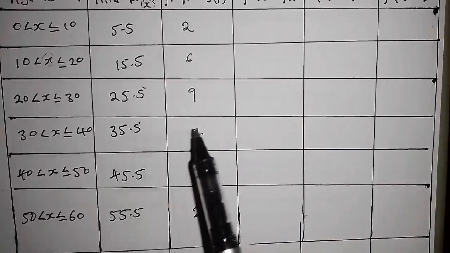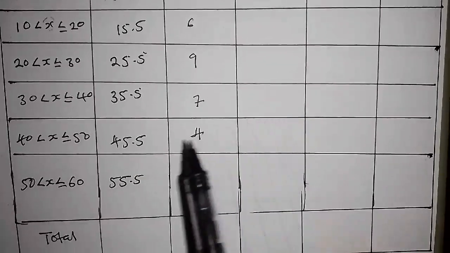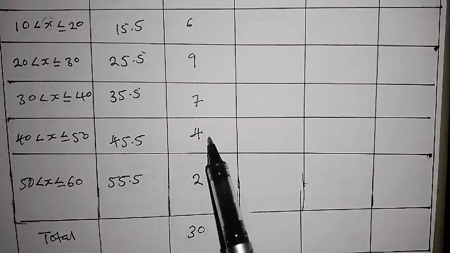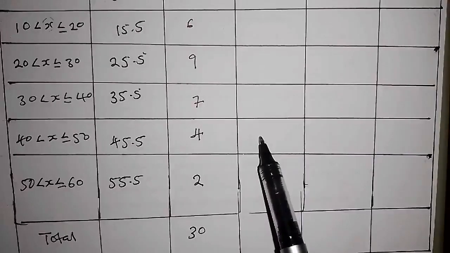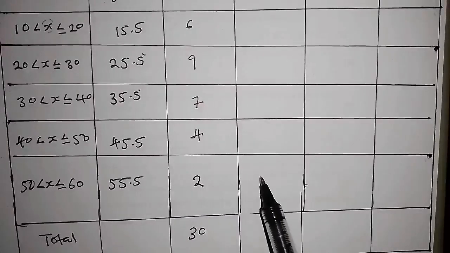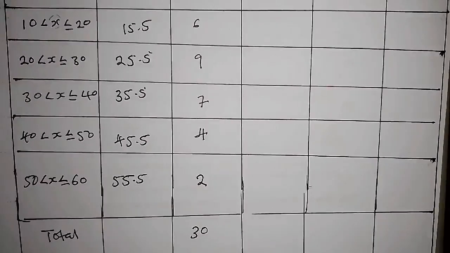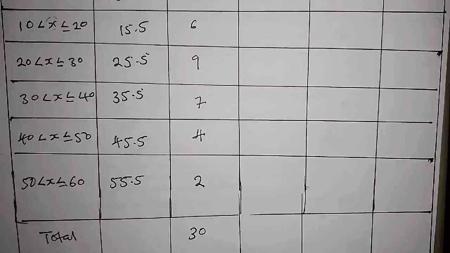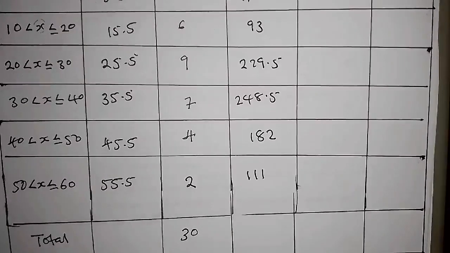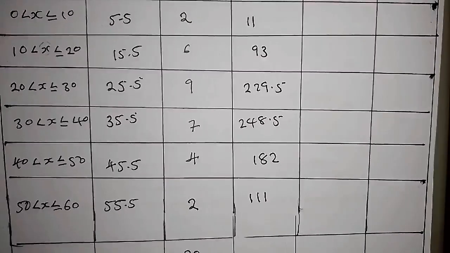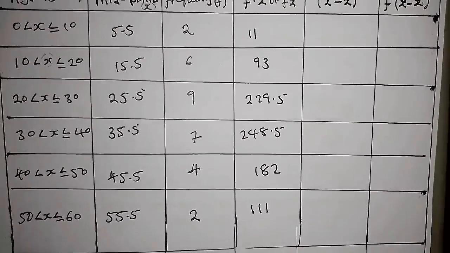This times this, you write the number. 45.5 times 4, you write the answer there. This times 2, you write the answer there. I've done that in advance, so just check if we have the same thing. Kindly confirm if you are also getting these numbers.